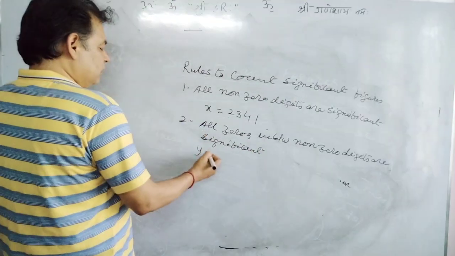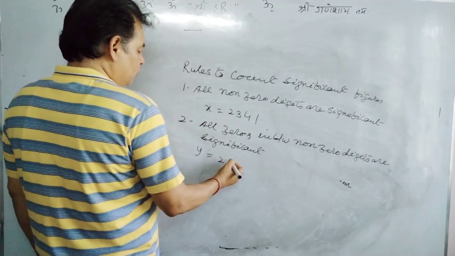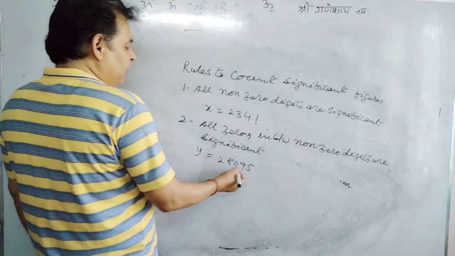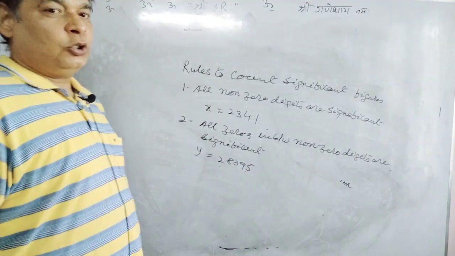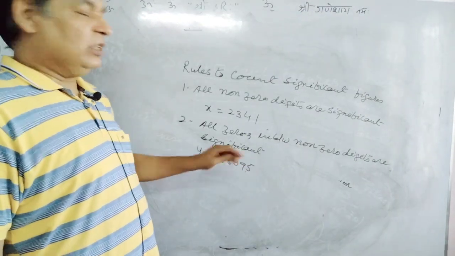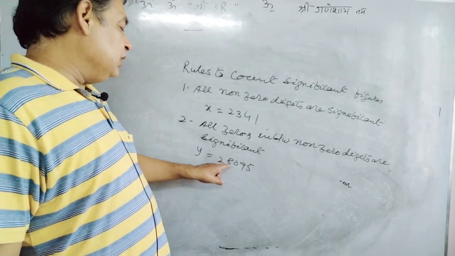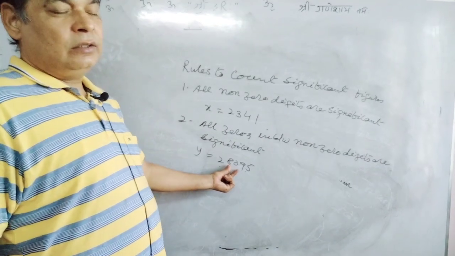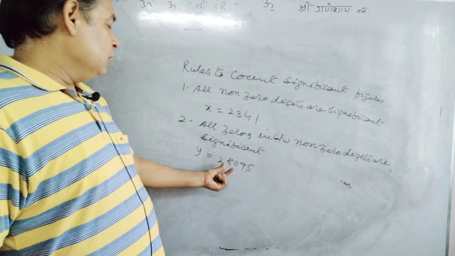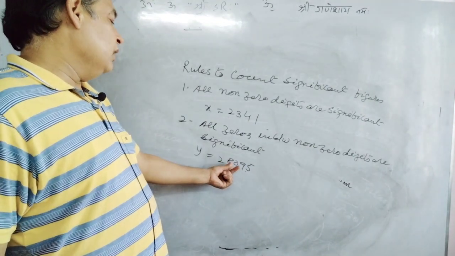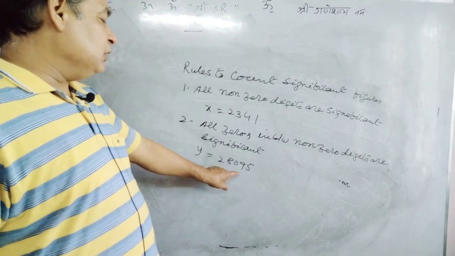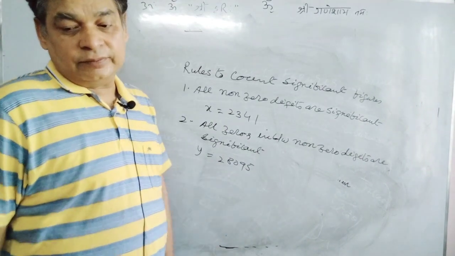Suppose there is a number y equals 2095. There are 4 non-zero digits. Sure, these non-zero digits are significant. This 0 in between these non-zero digits is also significant. So totally 5 significant figures are present here.